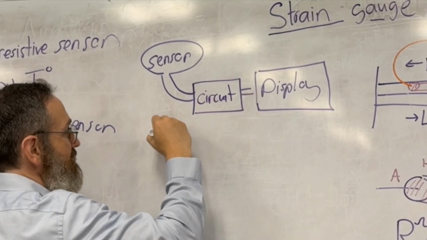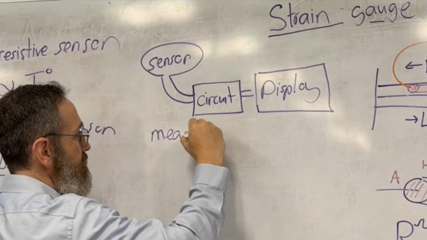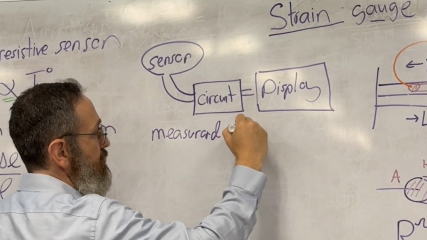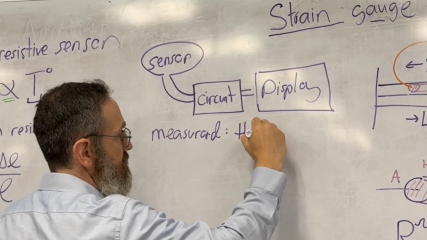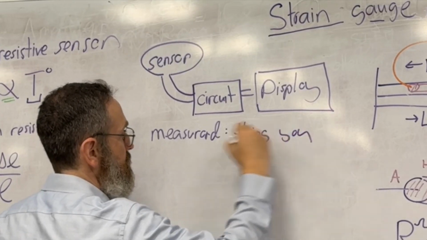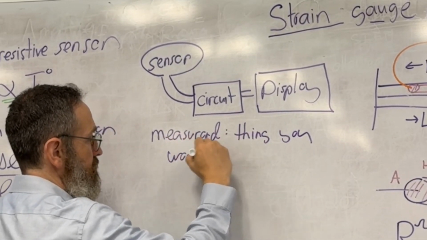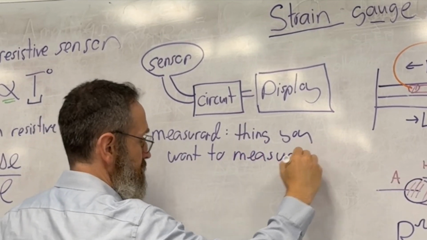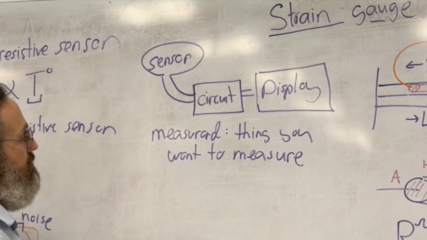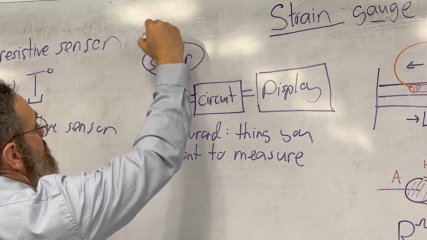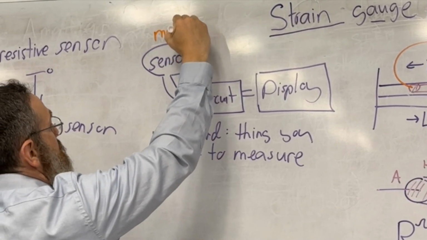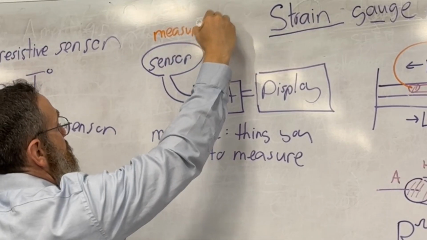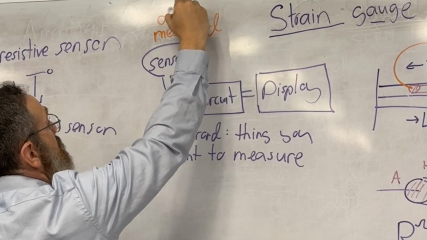And we define this thing called the measurand, which is simply the thing you want to measure. And that measurand exists out here. This is the measurand. Let's call it the actual measurand.